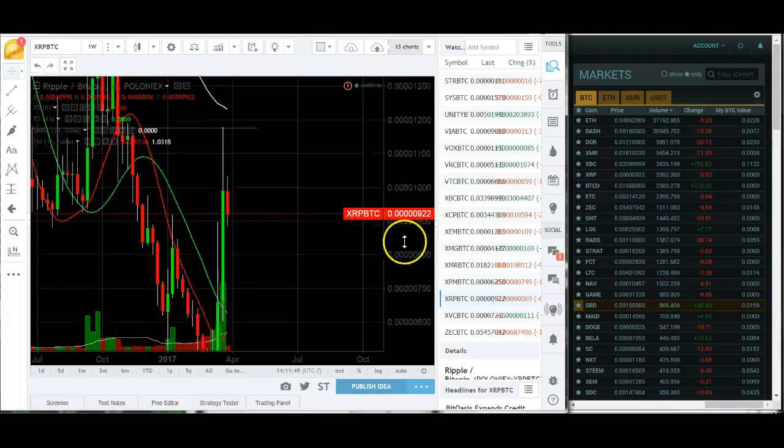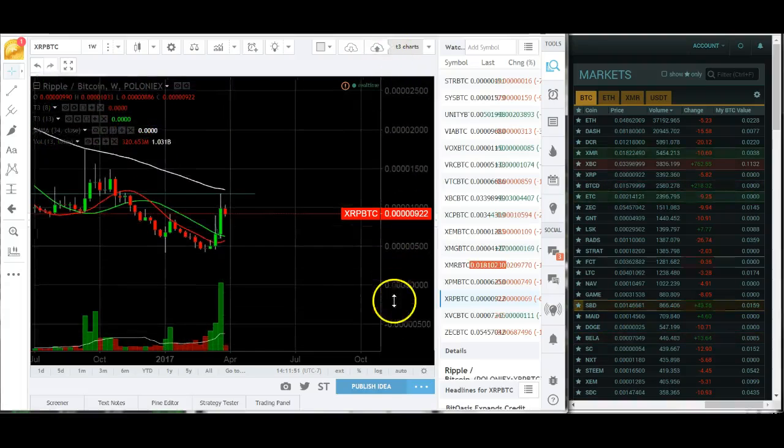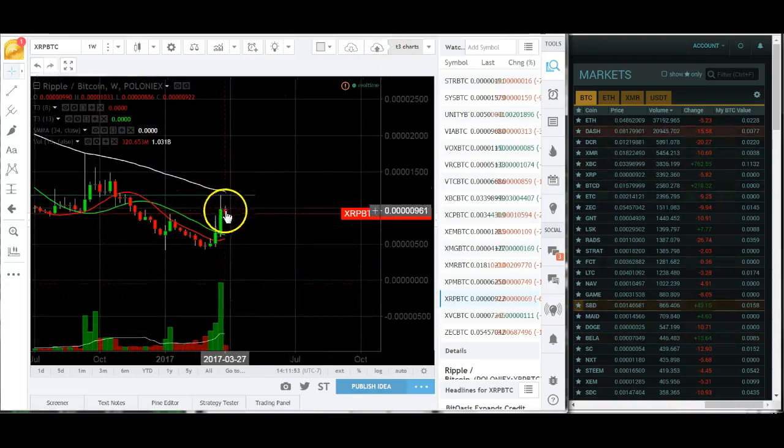XRP. Looks like it hit resistance pretty hard. Watch it come back into support. It's got to hold previous highs. So far it is. If it holds previous highs, turns around on a dime, tries again, watch that flat top break. So it hit resistance, came down into support.